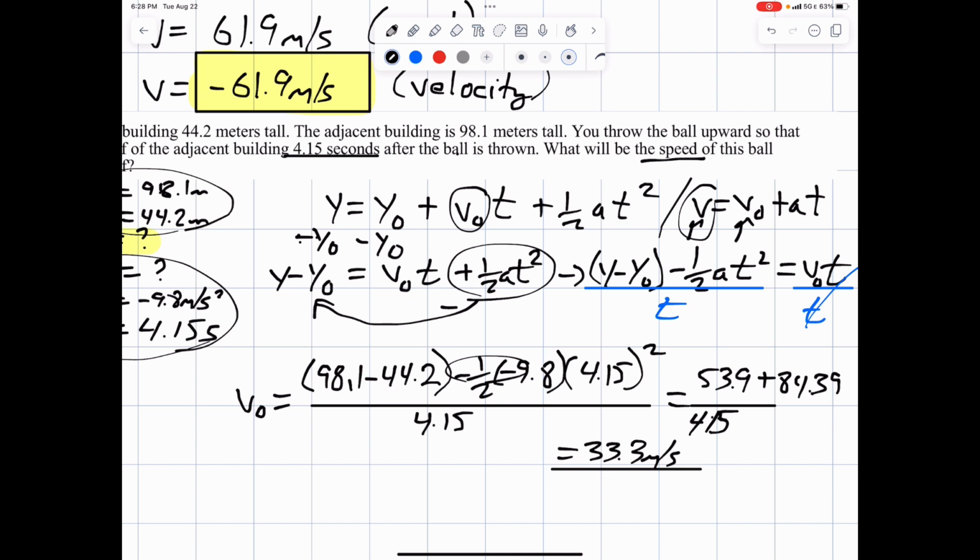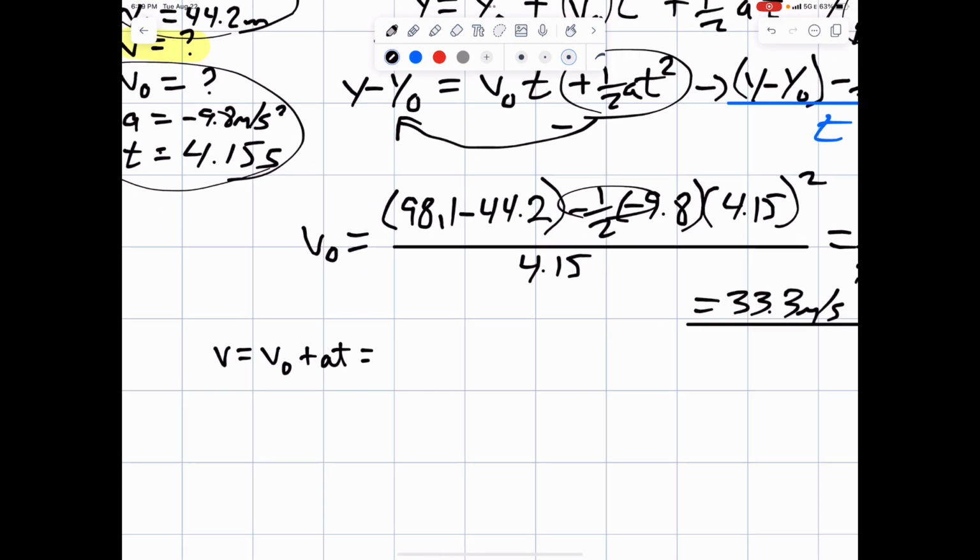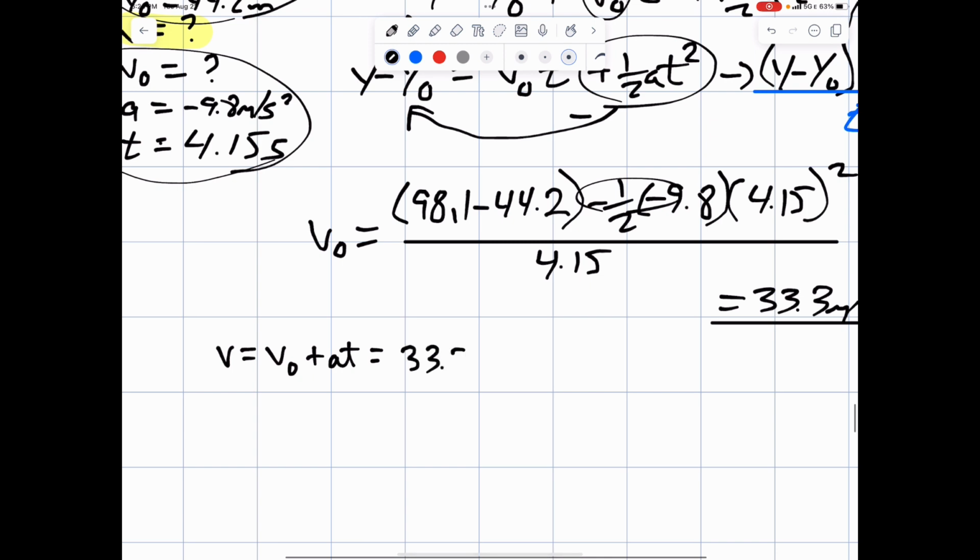So now, we can go v equals v naught plus at, and we're going to go essentially 33.3 plus negative 9.8 times 4.15.